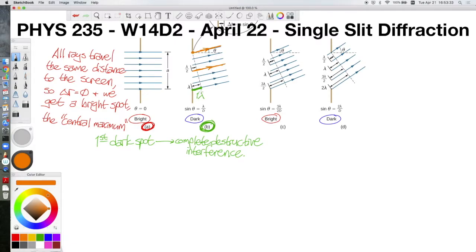We had a path length difference of 1 lambda comparing the very top of this diagram to the very bottom, the topmost ray passing through the slit to the bottommost ray passing through the slit. So if we compare these two orange rays to each other, they'll have a path length difference of half of a wavelength. So let me write this down in orange.